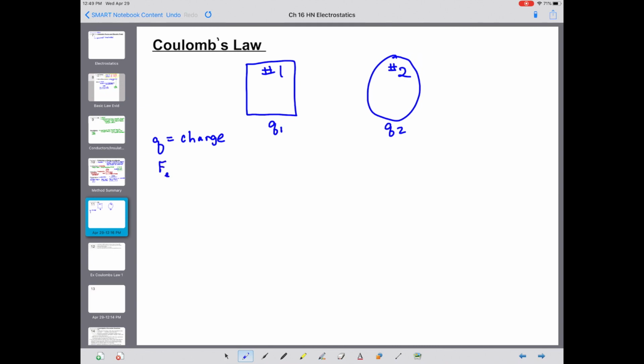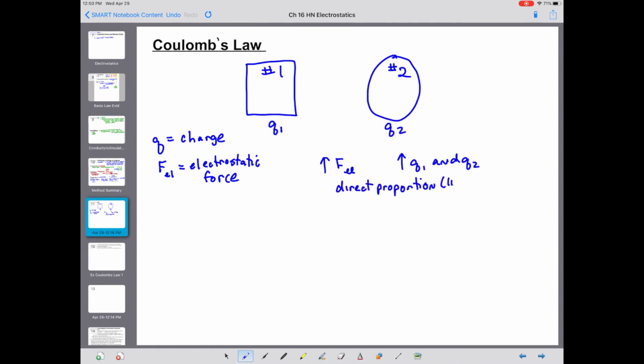The electrostatic force, F sub EL. If we want to increase the electrostatic force, we can do so by increasing the amount of charge on each object. The more charge you have, the more they're going to attract or repel. That implies a direct proportion or a linear relationship.